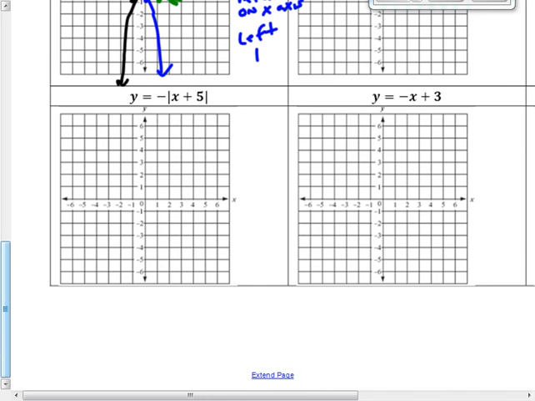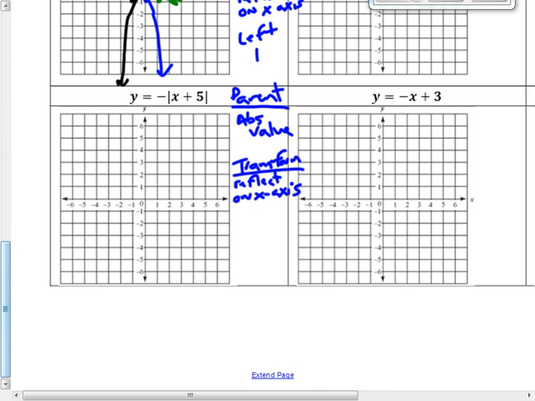And then finally the last one here, my parent function, let's try to stay consistent, is an absolute value. My transformation is that I have the negative out front, so that's reflect on the x-axis.